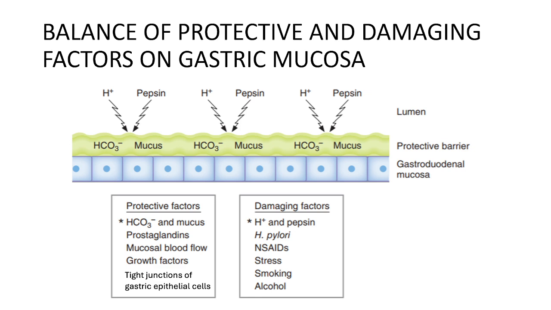Damaging factors apart from hydrochloric acid and pepsin are H. pylori, and often patients with gastritis are tested for the presence of H. pylori and treated. So antibiotic therapy is part of the complex treatment, usually for gastritis and ulcers.